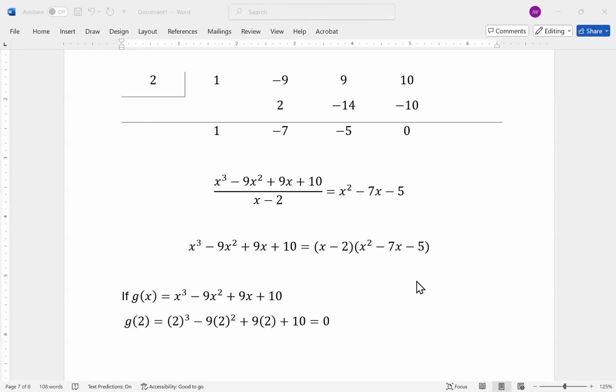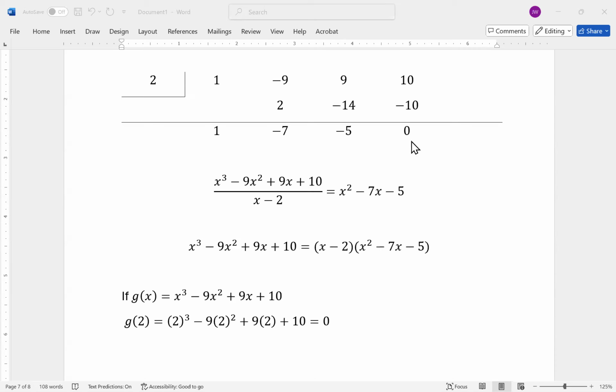Now, if we think about what this is going to imply, a remainder of 0 is going to be equivalent to finding a 0 of the polynomial function. That's what we're going to use in the next section coming up.